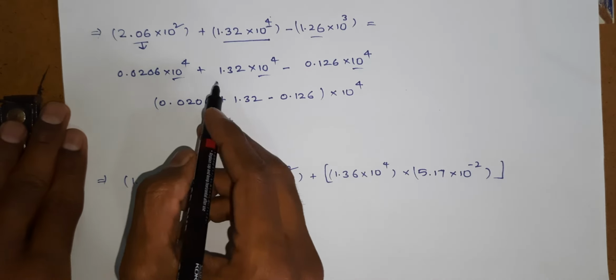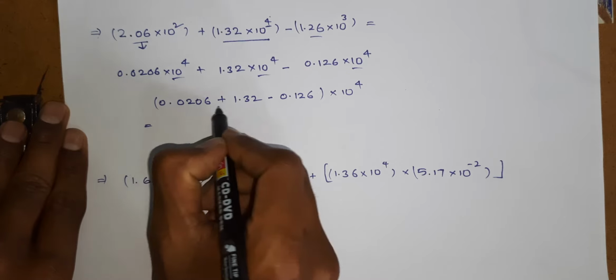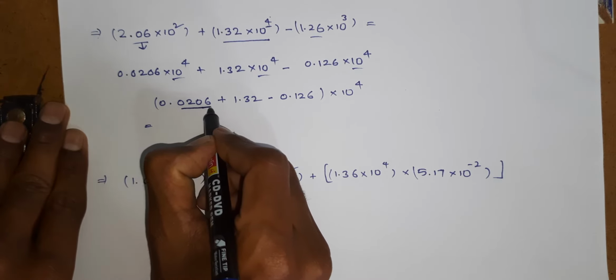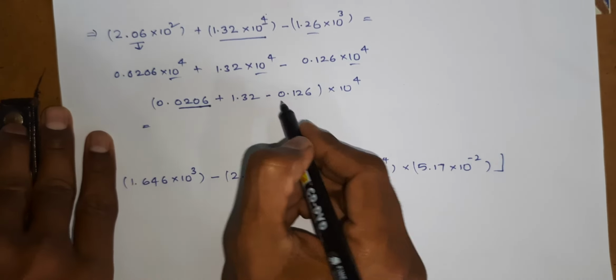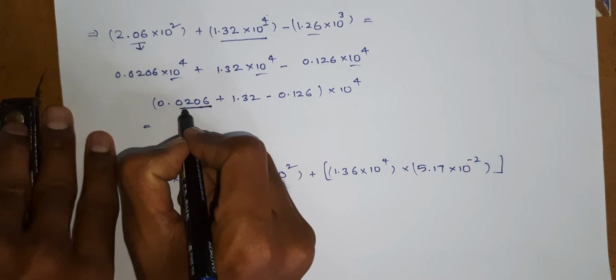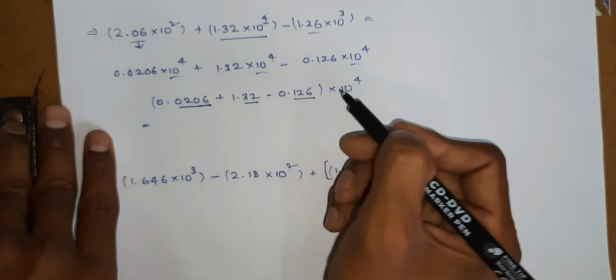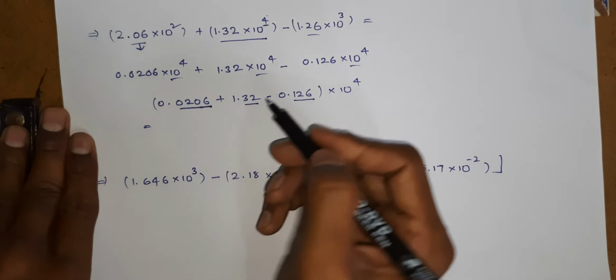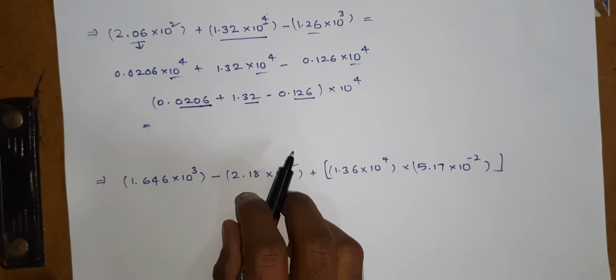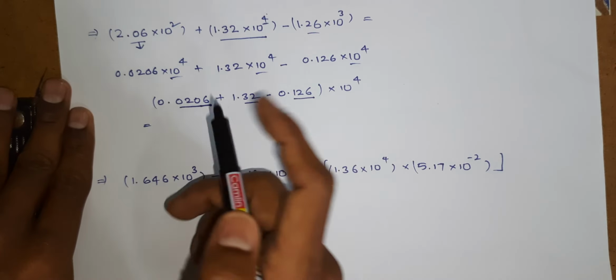If you add all, here 4 decimal places, here 2 decimal places, here 3 decimal places. So the answer should be in 2 decimal places. Why? Because in addition and subtraction, the least decimal places decide the answer.